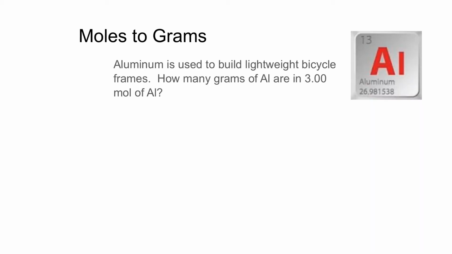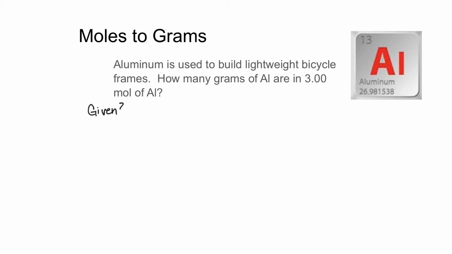Let's go ahead and try an example. So our first example is aluminum, and it says how many grams of aluminum are in 3 moles of aluminum. So the first thing we always determine is, what are we given?